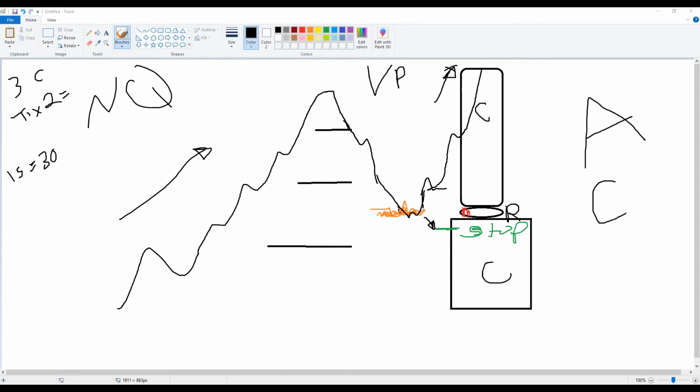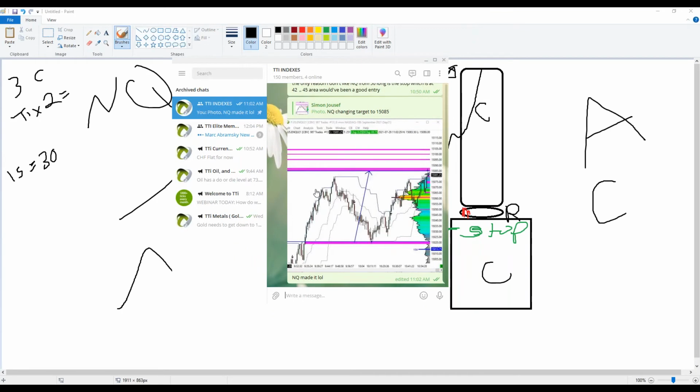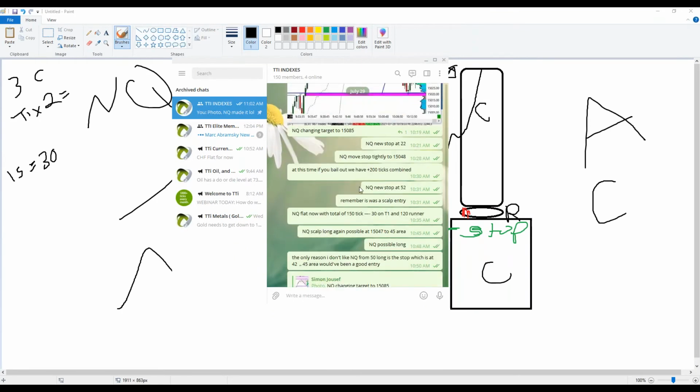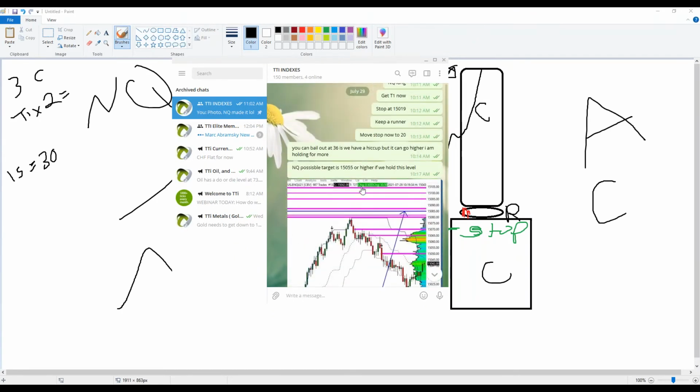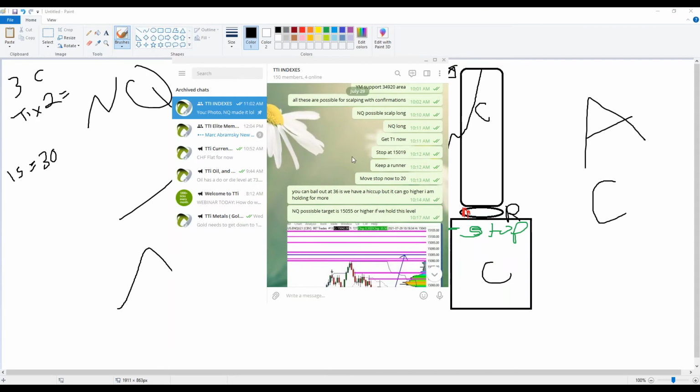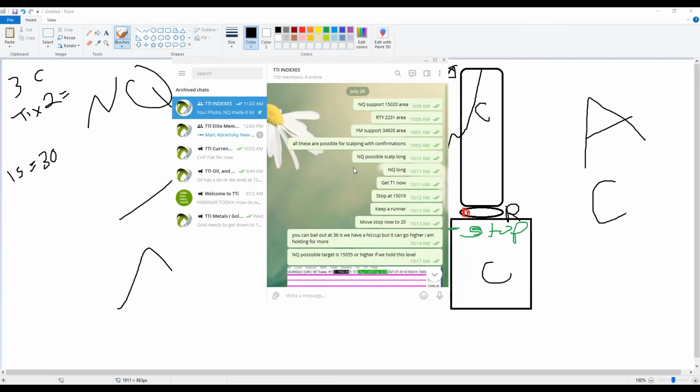And if you want to see, this is the chart. This is today, July 29th. First thing, the market was very slow today, right? I said NASDAQ support at the 15020 area. I said support, so I'm anticipating that support.